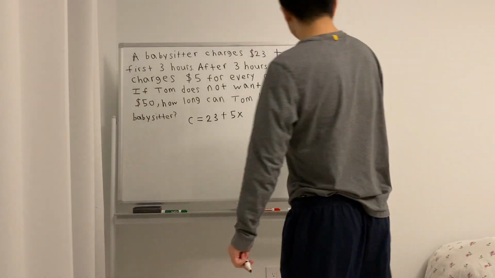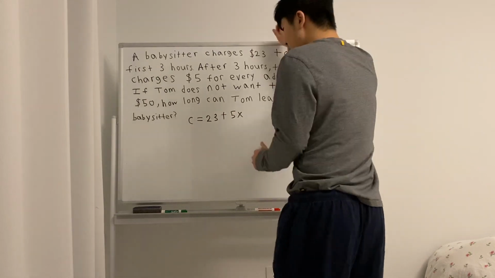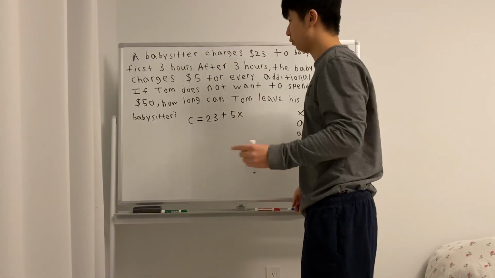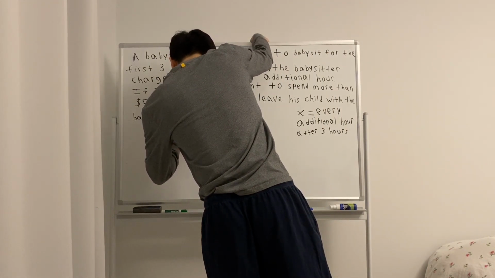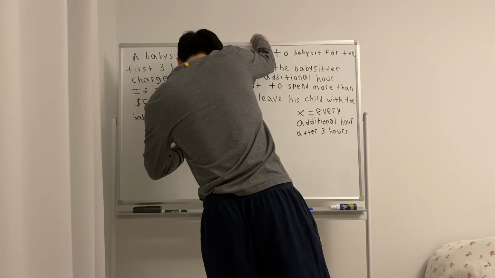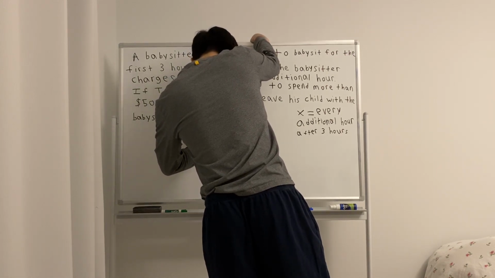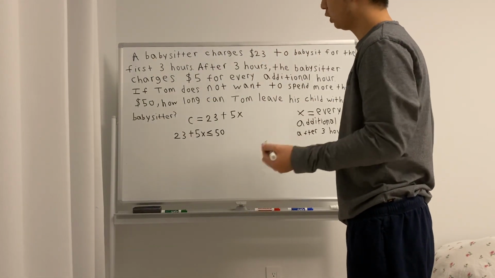And if Tom doesn't want to spend more than $50, this must be less than or equal to $50. So we can say 23 plus 5x must be less than or equal to 50. And now we just have to solve this inequality, and then we should get our answer.